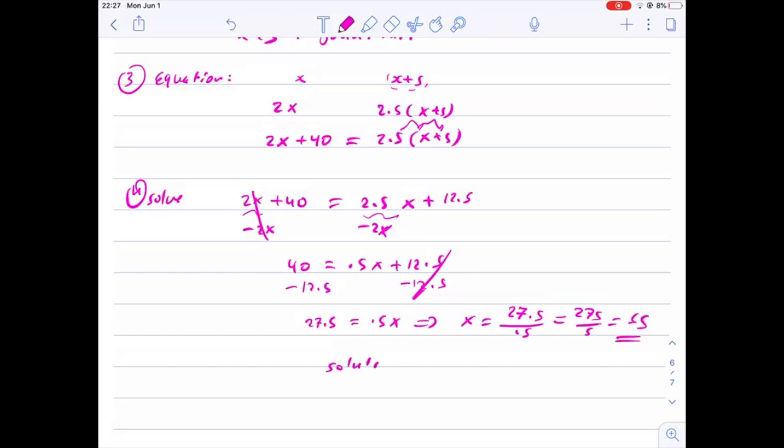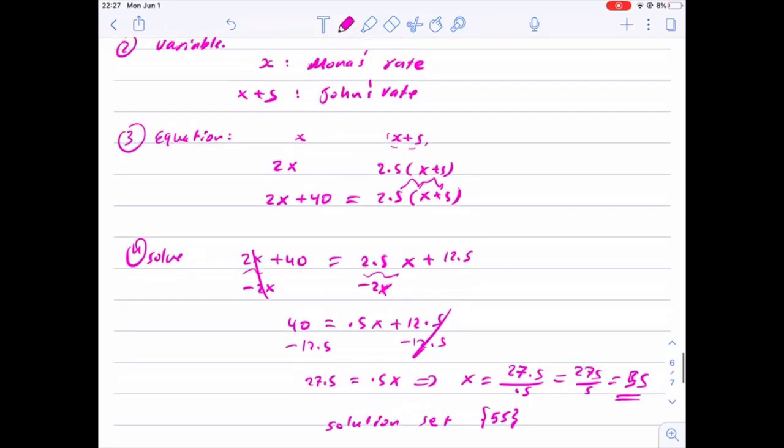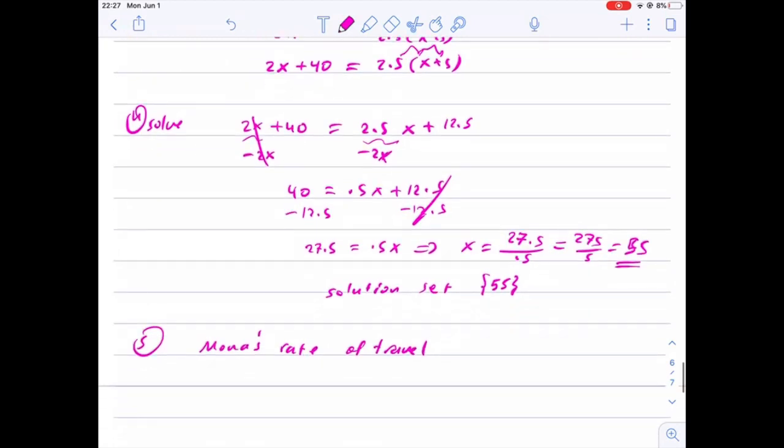That's the solution. And if we write it as a set, we use the set notation. So x equals 55, and then we state the answer. So Mona's rate of travel is x, and x is 55.